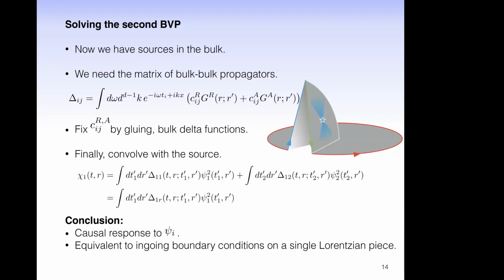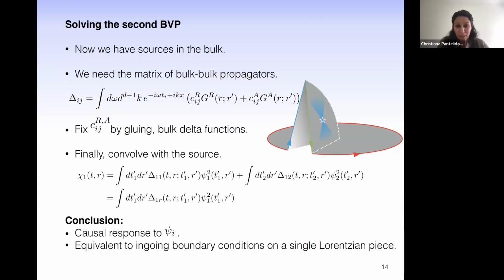Okay, so we can discuss it afterwards. Yes, that would be great. But it's not clear, and it's not even clear that if you want to do that calculation, whether the Son-Starinets prescription of ingoing boundary conditions will apply.